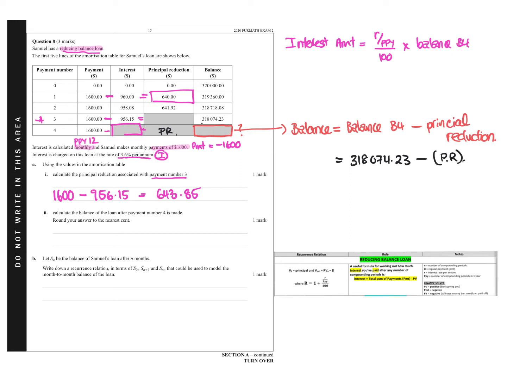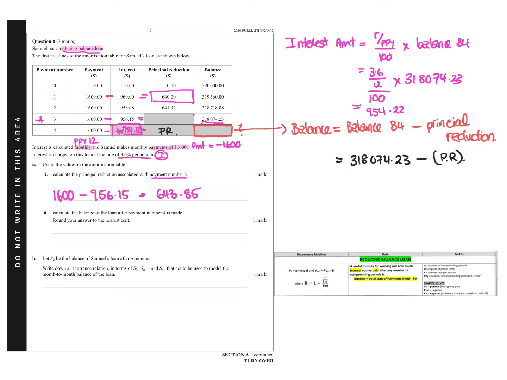In this case, the rate per annum was 3.6 and it was monthly, so 12 over 100 times the balance before, which was 318,074.23, and we'll get the interest. I got the interest to be 954.22, so that goes in here.